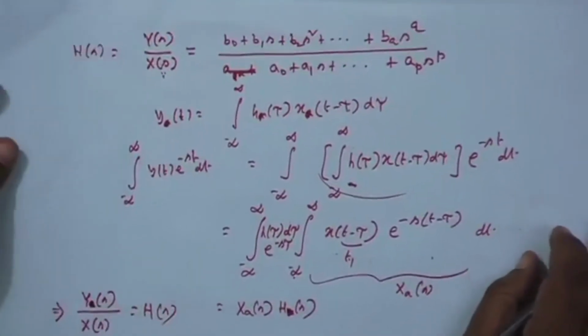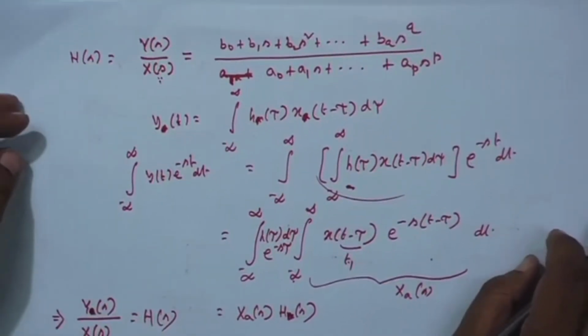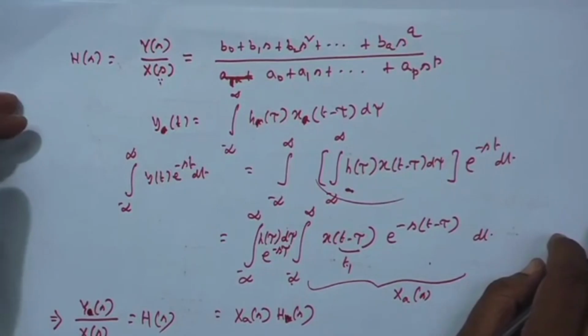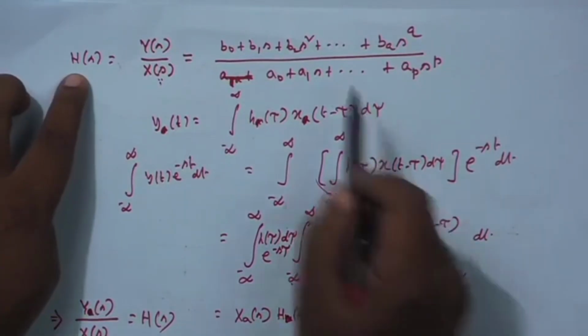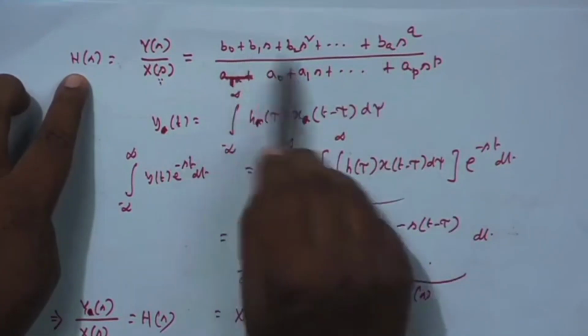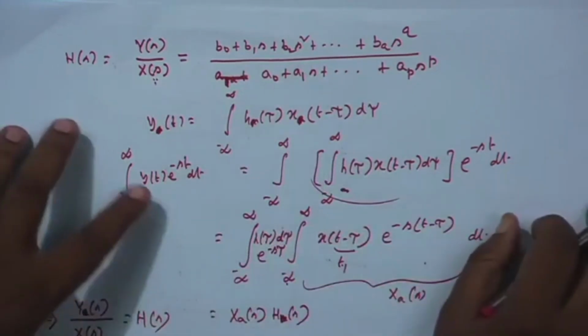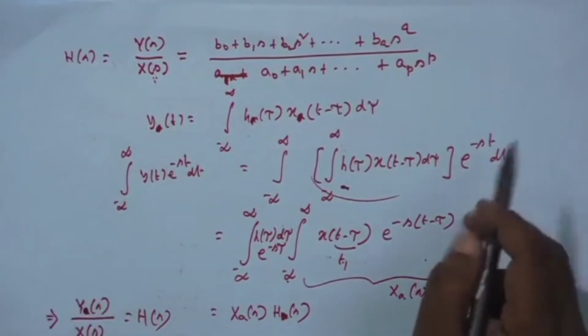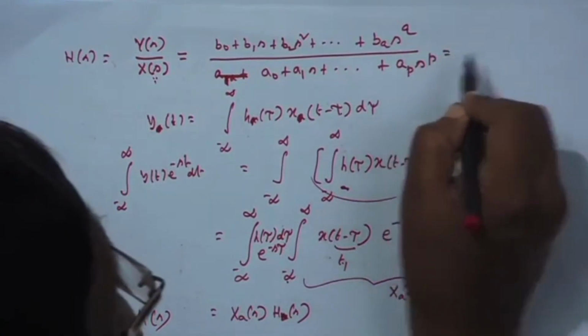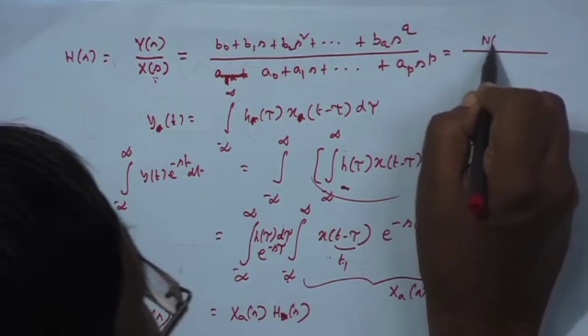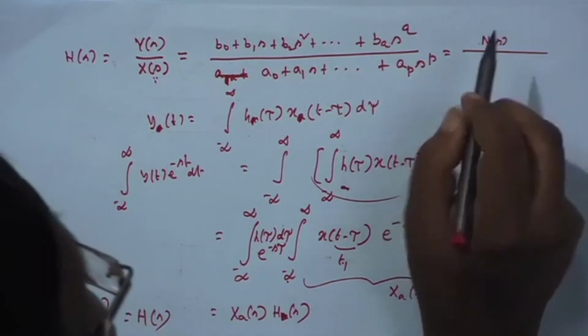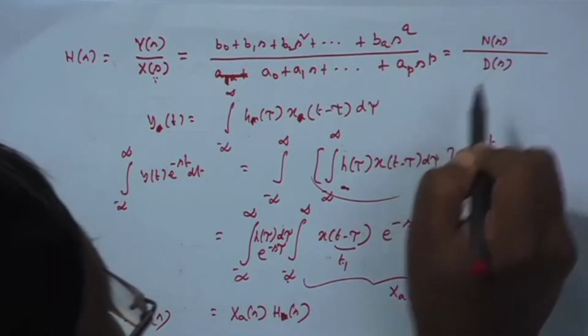So, for rational models under the linear time invariant condition, the transfer function H(s) is given by this kind of form. These coefficients come from the differential equation, it is a ratio of two polynomials. Now, you see this polynomial: the numerator polynomial I write as N(s) and the denominator polynomial as D(s).